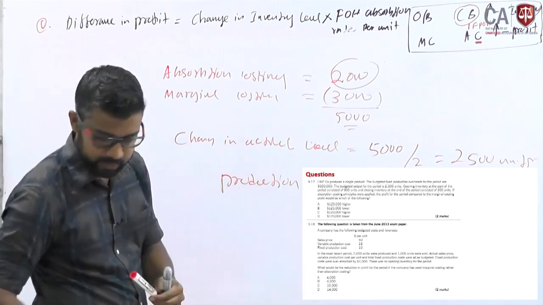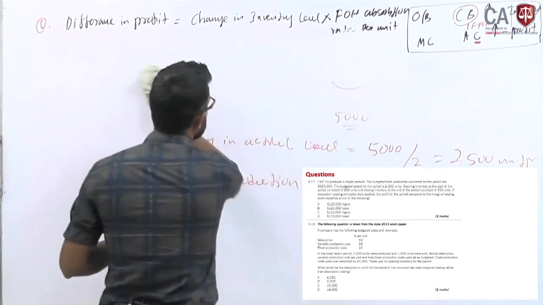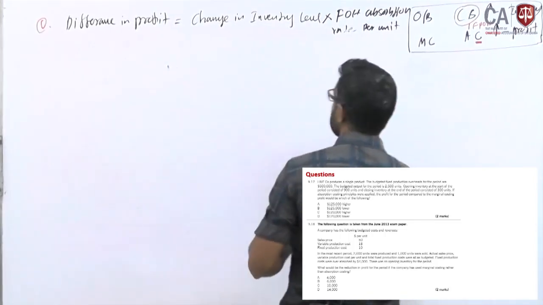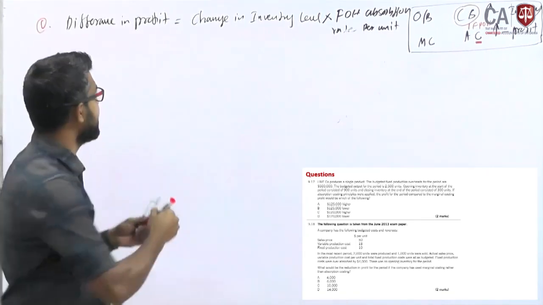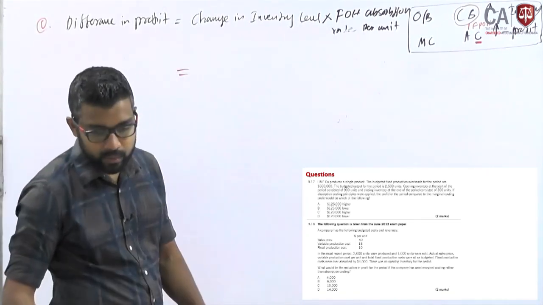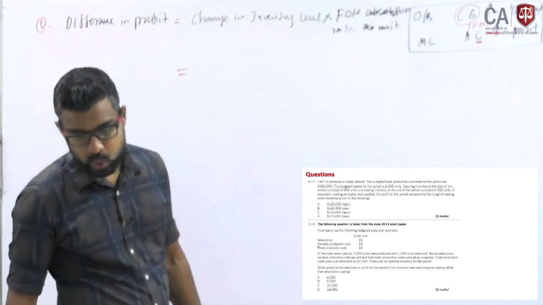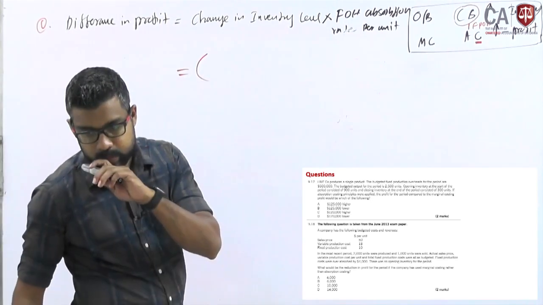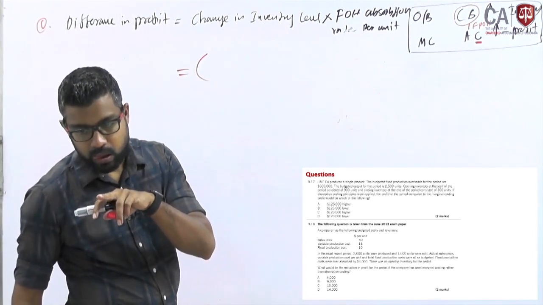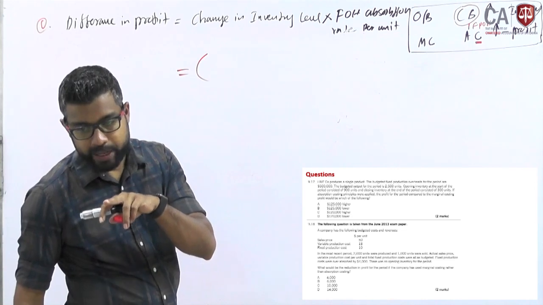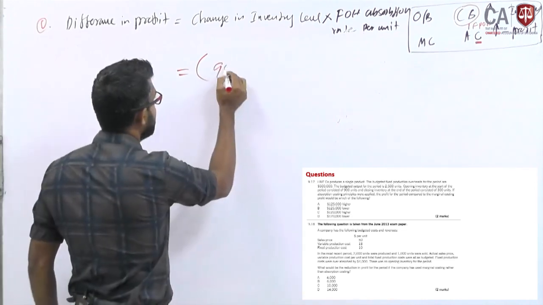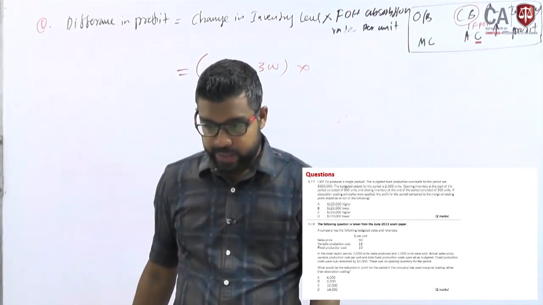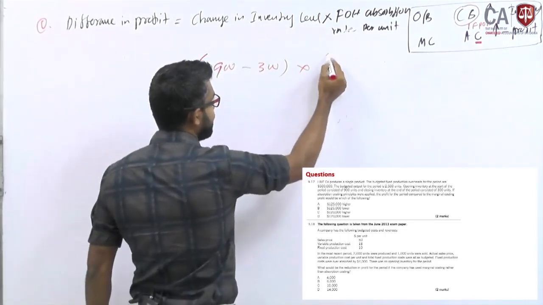Same formula, right? Nothing new here. The examiner can put the details in a different way. Change in inventory level, 900 to 300. Opening inventory at the start of the period 900, closing 300. Absorption rate, how do you calculate? They have given the total fixed production overhead cost.